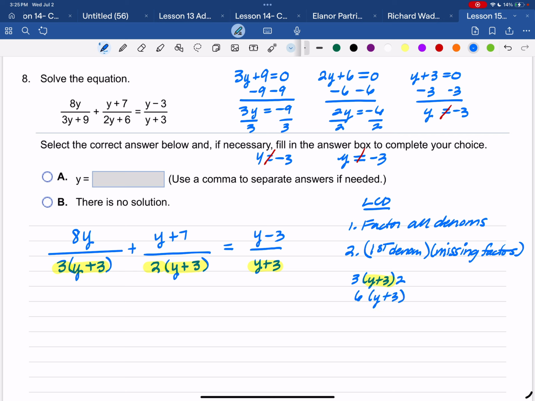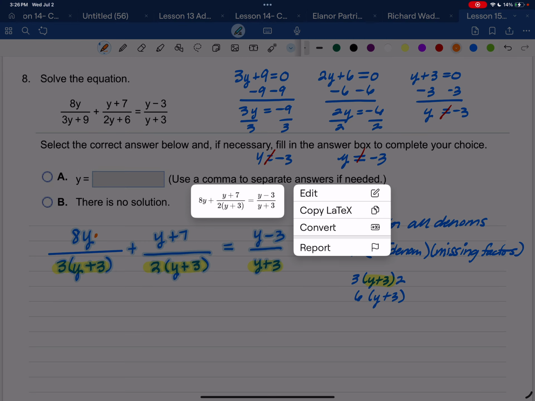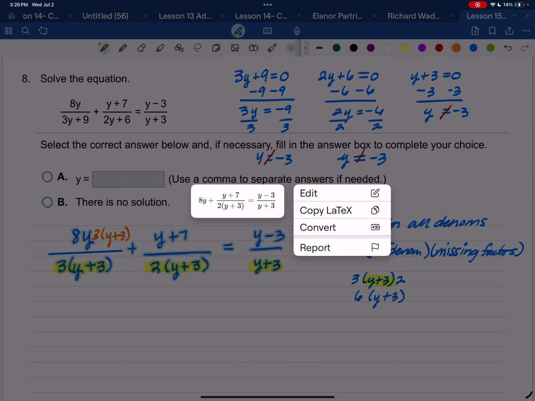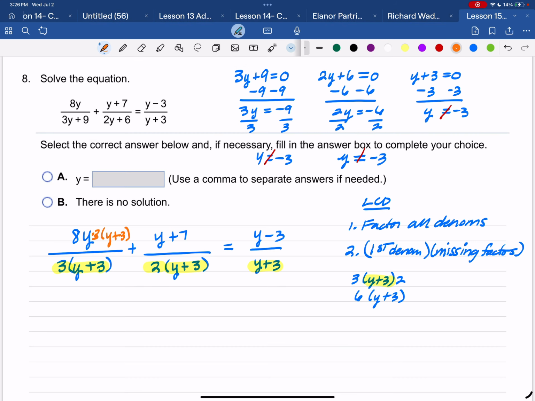Now, you can write it when you're doing the multiplication as the 3 times y plus 3 times 2, and that's what I'm going to do. And remember, it's times the top. So 3, y plus 3, and 2.